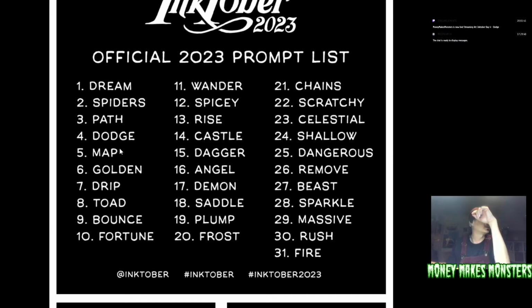So tomorrow is map. Well, who picked the words this year? We're gonna have a talk. Tomorrow we'll try to be drawing a picture with a map in it, as well as I will be able to show you the finished product of what we drew for Dodge today.